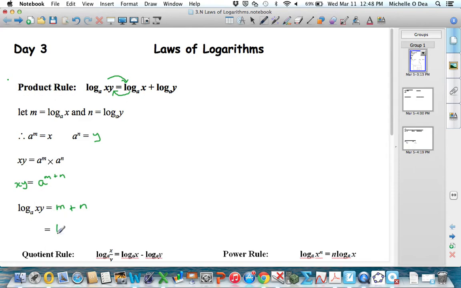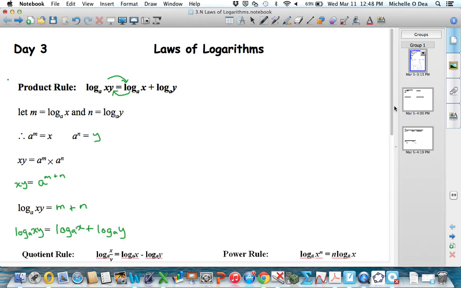So we replace the m with log x base a, and we replace the n from up here with log y base a. And you can see what we have here is the actual rule we were trying to prove, because this is equal to log of xy. And that's the rule. This is called a proof. This is what we're proving, that this rule works.